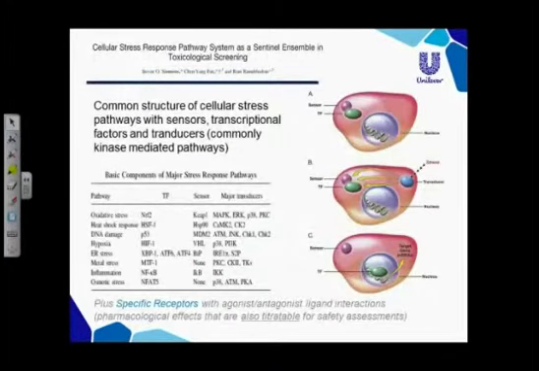And actually, many of them, whether it's responsive to oxidative stress, or DNA damage, metal stresses, osmotic stress, inflammation, etc. There are very common structures to these stress pathways. There are typical kinase sensors that see this sort of damage and then respond, transducers, and commonly kinase-mediated pathways which bring about an effect and try and get us back to normality.